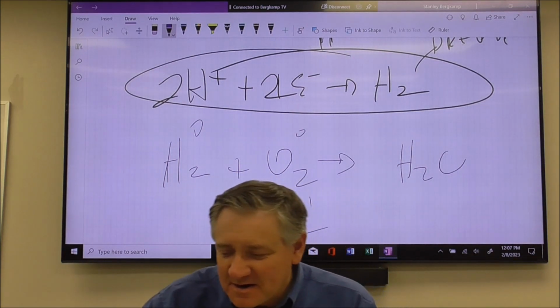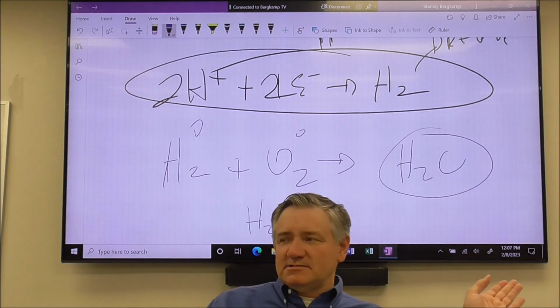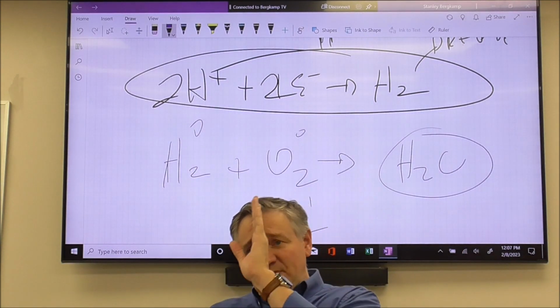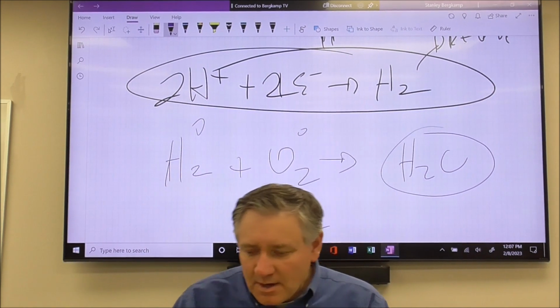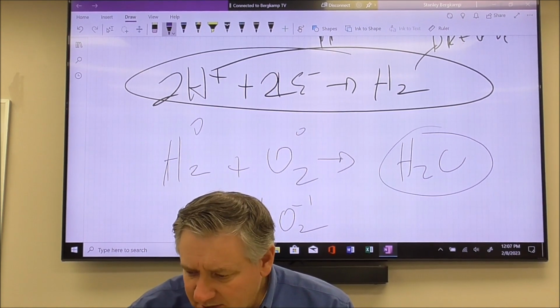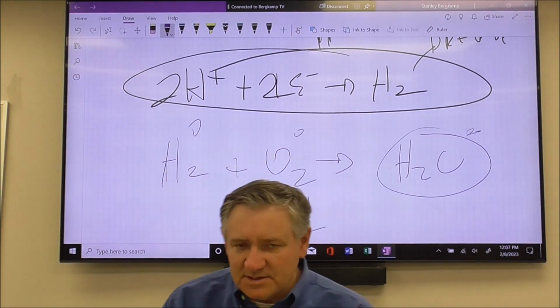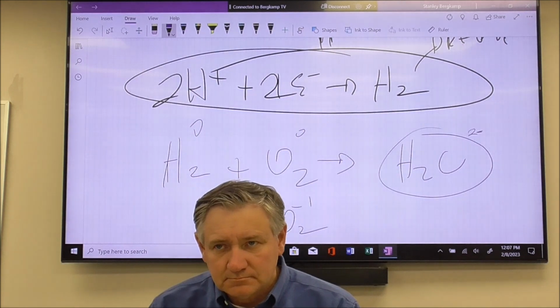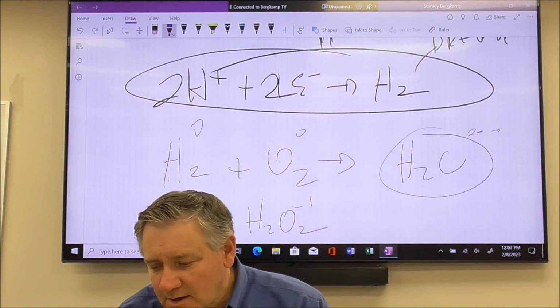So every other time, oxygen is 2-. That's like the anchor. Always start with oxygen being 2-. So oxygen here is going to be 2-. So what's the oxidation state of hydrogen going to be? Plus 1, I would say.